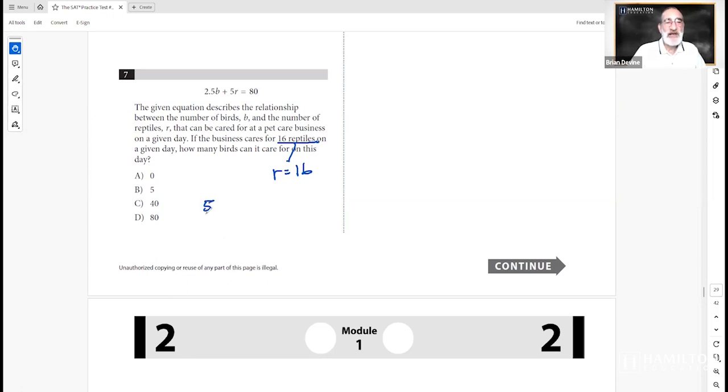So 5 halves, 2.5, times the number of birds plus 5 times 16 has to be 80. Or 5 halves B plus 80 has to be 80. Well, that means that B's got to be 0. They can't care for any birds on that day. So A is the correct answer.